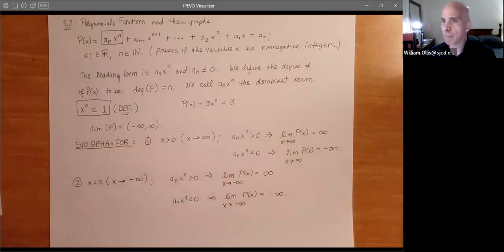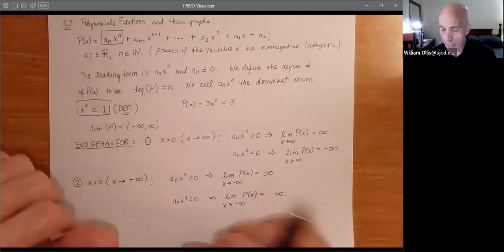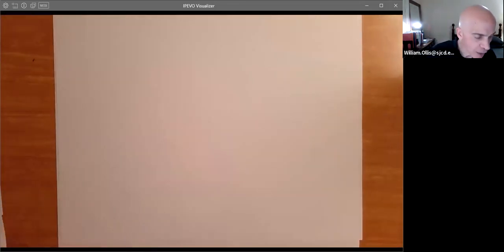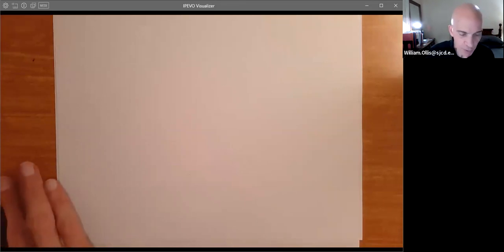Nothing precise to the point that we think of a computer generated graph. What we want to do is get a reasonable picture. And then that reasonable picture can help you to make certain deductions. Okay? Now, one thing that I want to talk about is the local behavior. Then we'll just do a couple of examples.